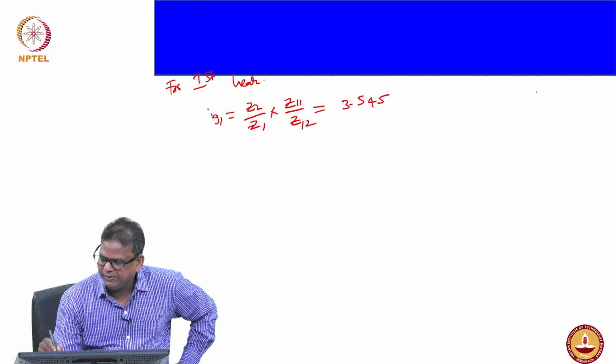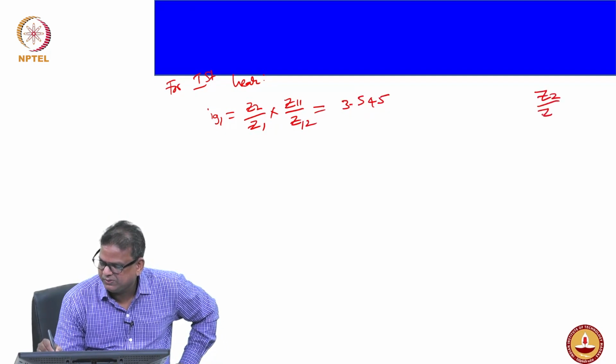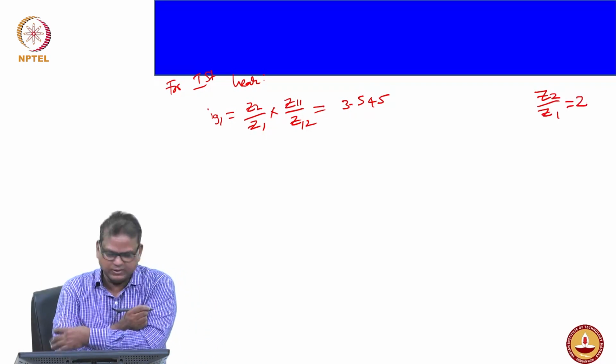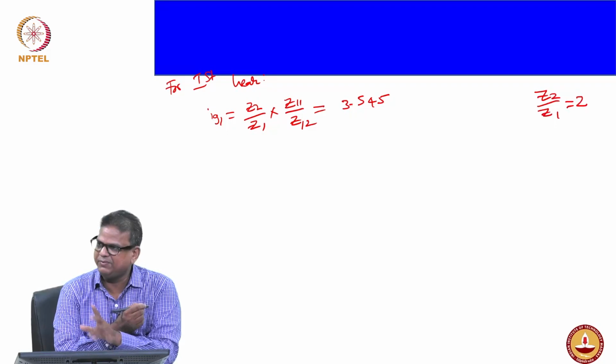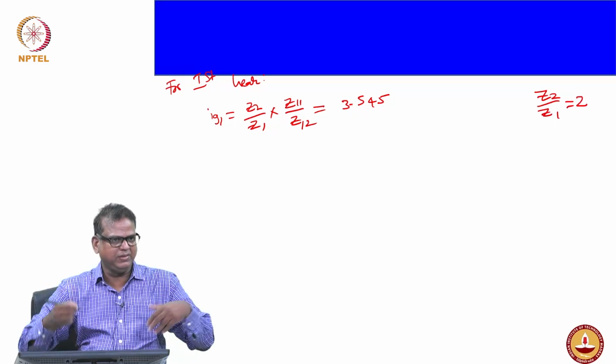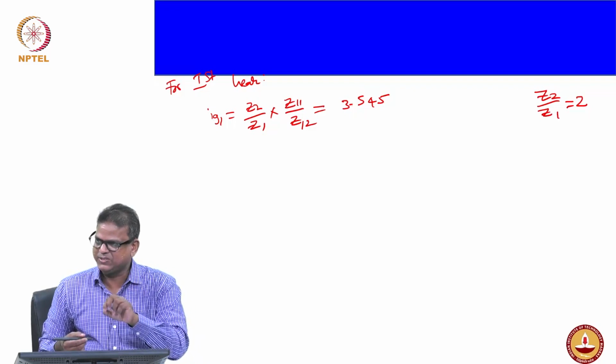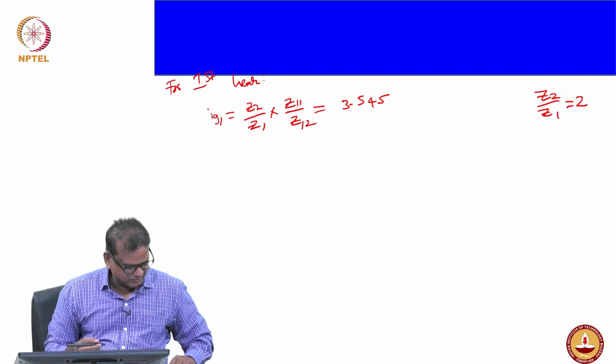But we know that Z2 by Z1 equals 2, which I have taken clearly. So which is unknown to us? Both Z11 and Z12 are unknown. So somewhere we have to start by assuming a minimum number of teeth for gear number 12.